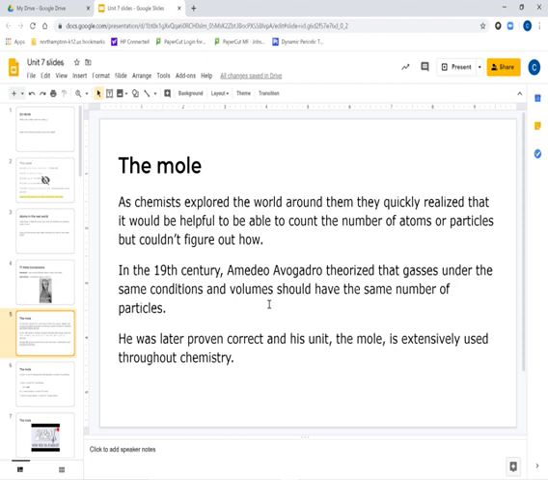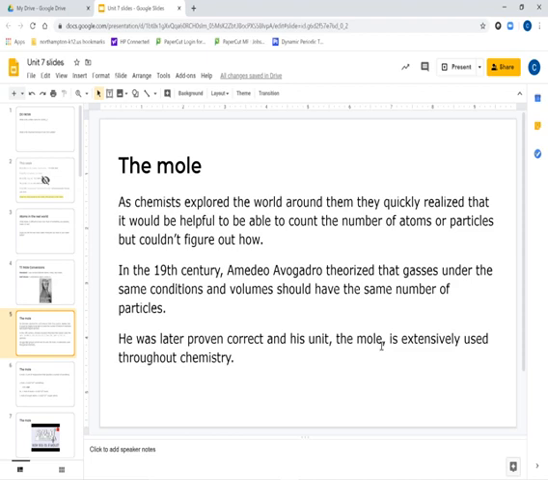they should have the same number of particles. There should be just as many oxygen atoms as there are hydrogen atoms in the other tank. And he was proven correct. As long as all of the same conditions are met, those ideal gases have the same number of particles. So he based his unit off of that, and it's called the mole.